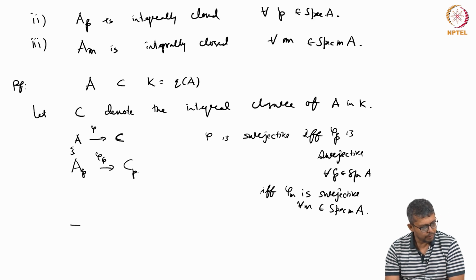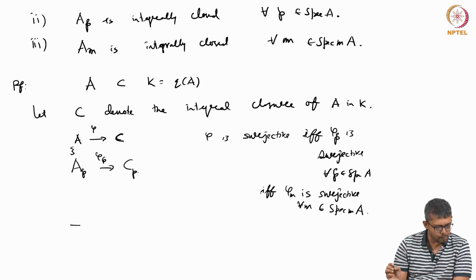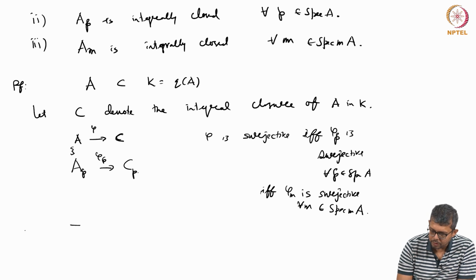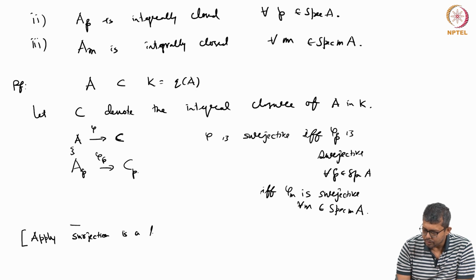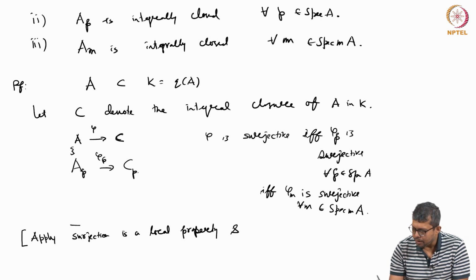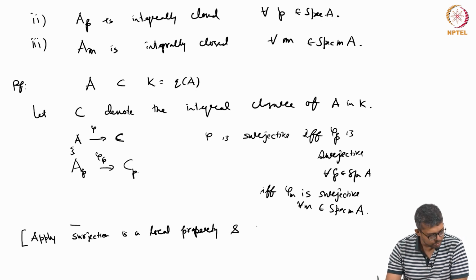Okay. So, I will write in words that surjection is a local property and the previous proposition, which is proposition 3.